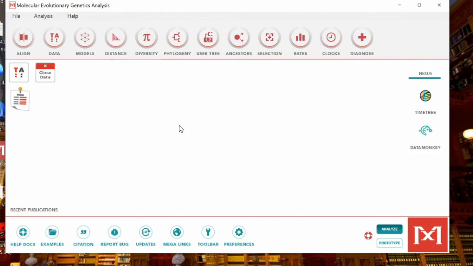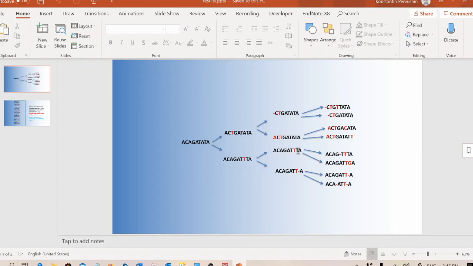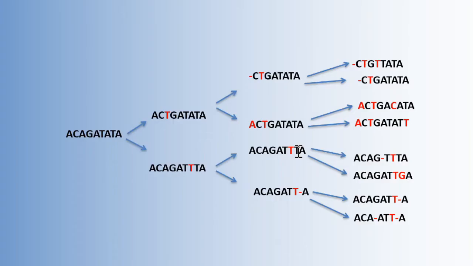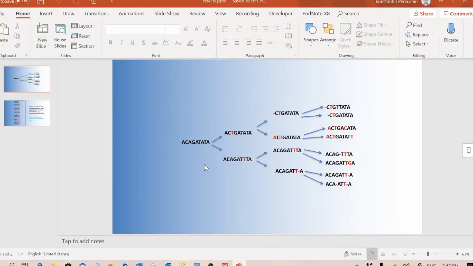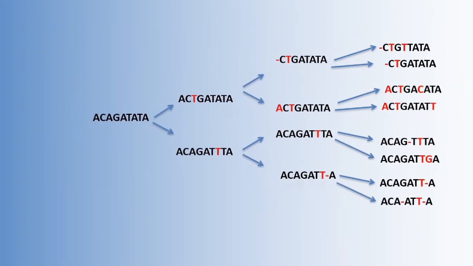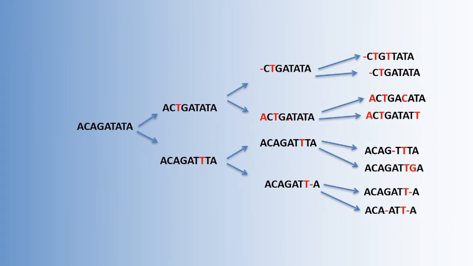Okay, let me revert back to my original game. So here I get F3. I generated 8 sequences starting from this original one. So now the question would be, what is the genetic distance?